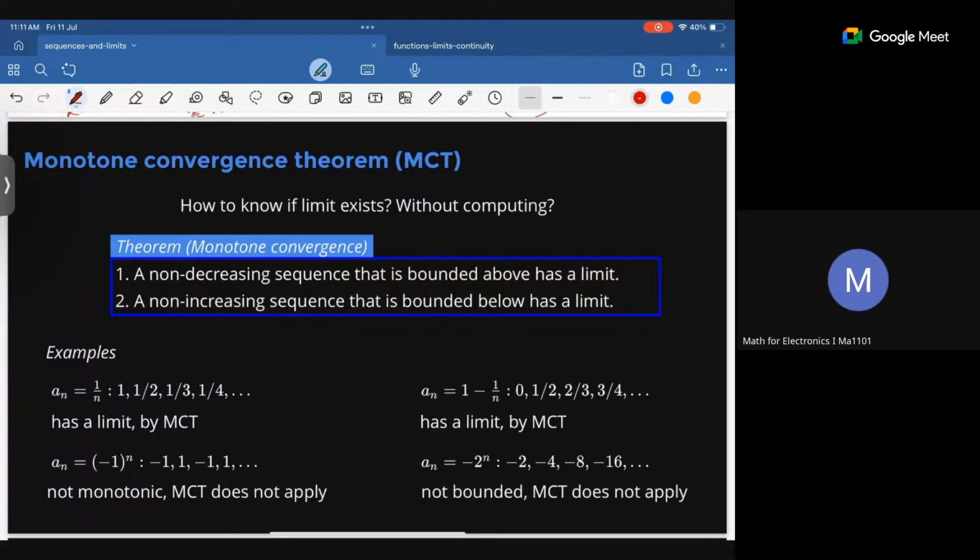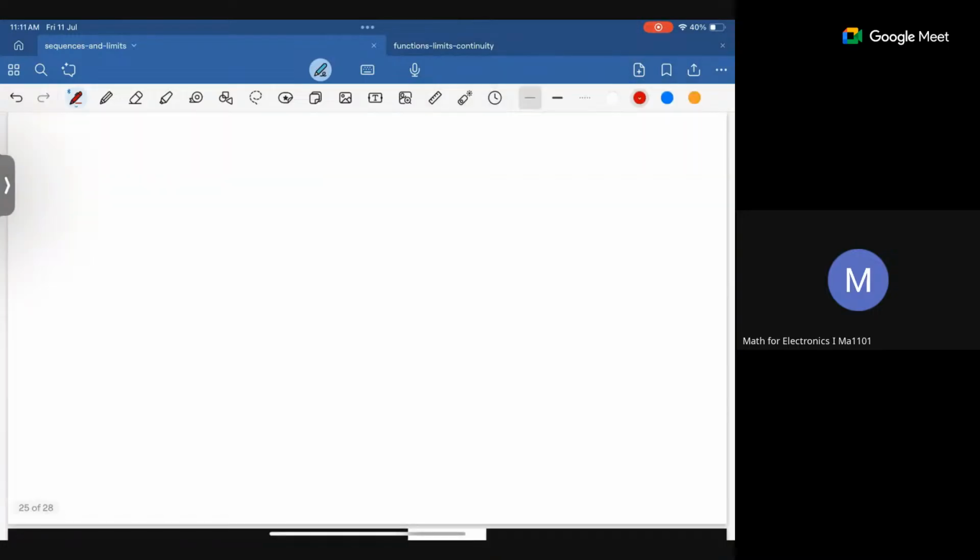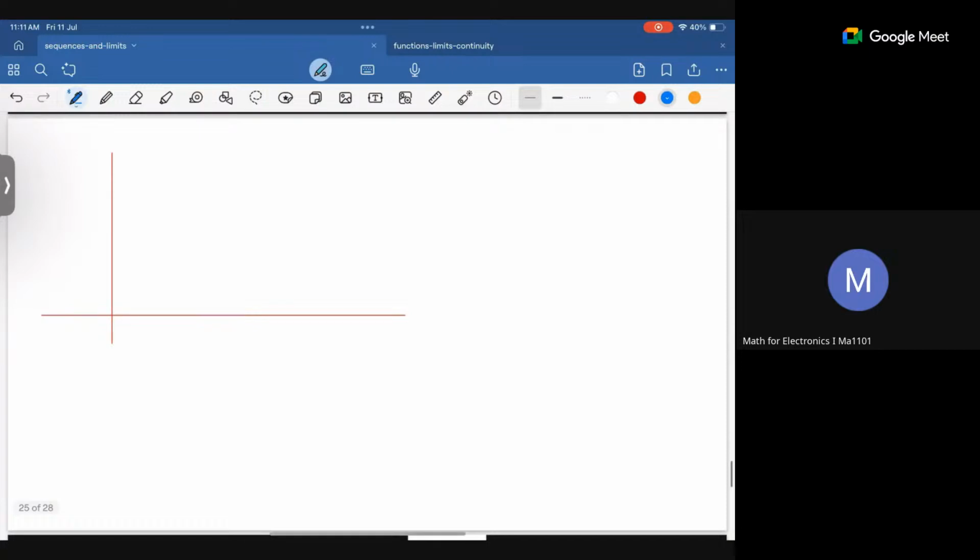Graphically, visualizing is very, very important. Any non-decreasing sequence means either the sequence should increase or it should stay constant. So our sequence may be like this.